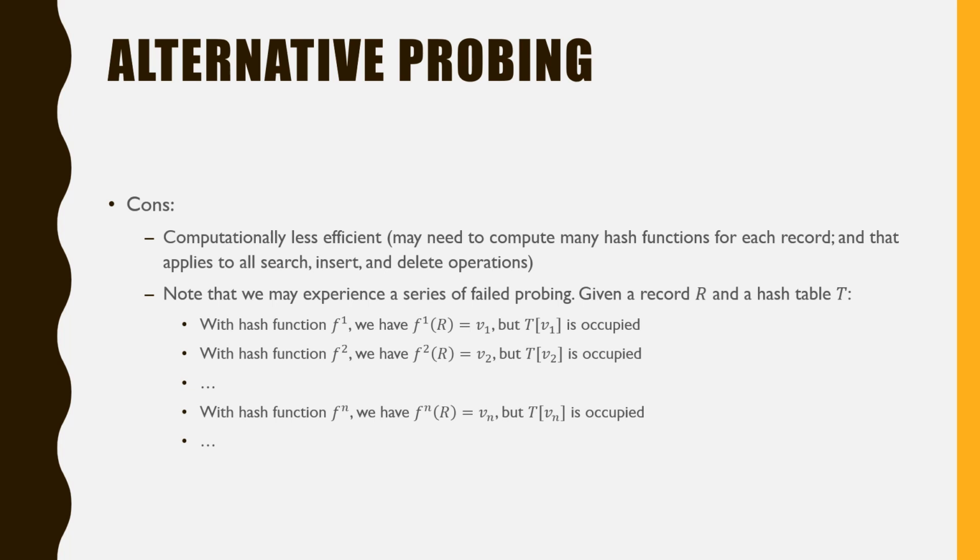We then try a different hash function f2 and get a hash value v2, but Tv2 is also occupied, and so on and so forth. As a result, we have no idea how many probings we need to perform before settling the new record into an empty location.